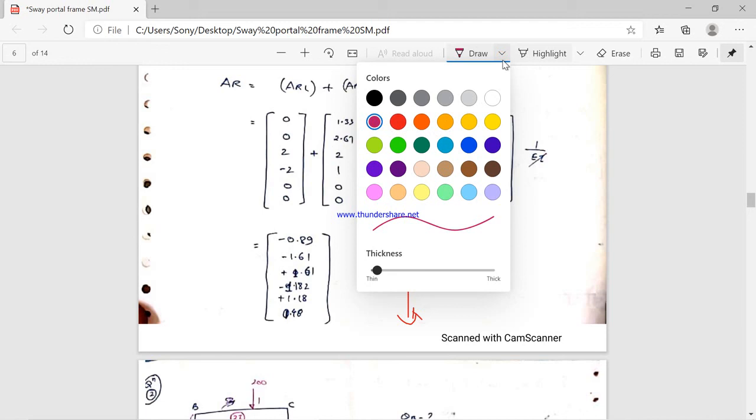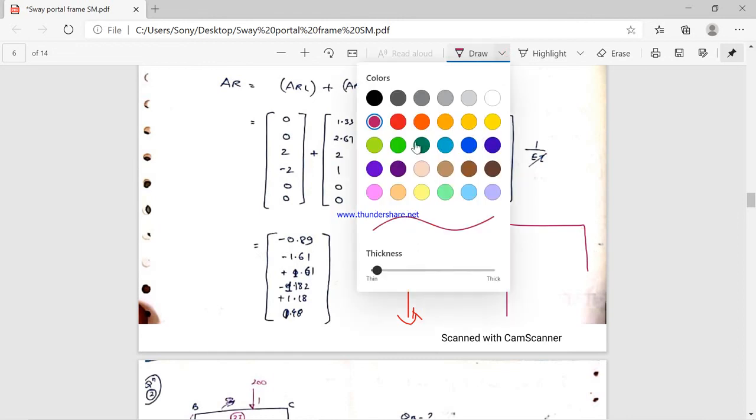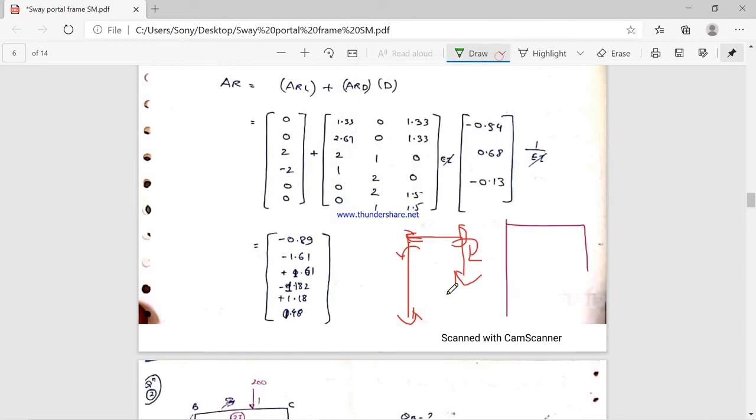Based on that we can draw the diagram. It is anti-clockwise, minus 0.89. It is clockwise, so it will be like this. Now it is going clockwise, so we have to see the tail value.